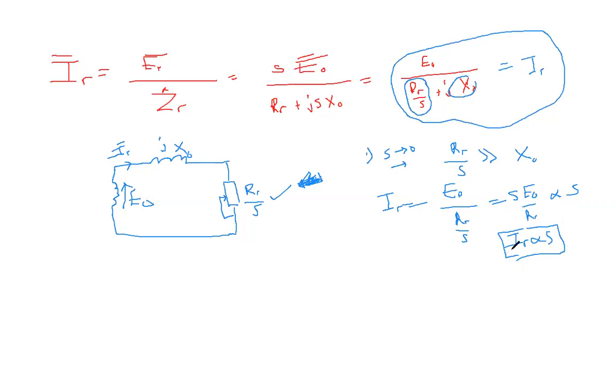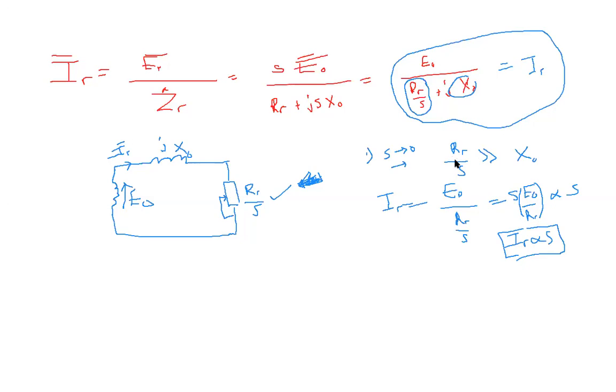It makes sense. Let me take time to explain why. Remember, this is a constant, that's why I can put the directly proportional relation here. The rotor is now moving very fast, and as the rotor is moving faster, this value is going to be bigger.